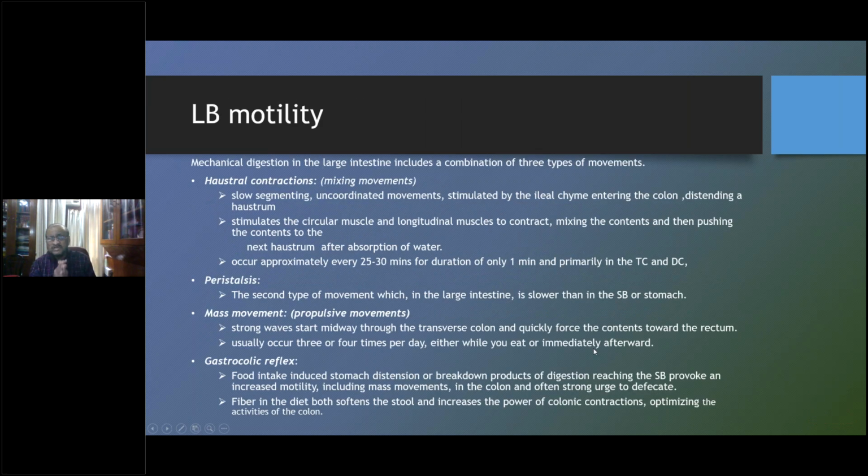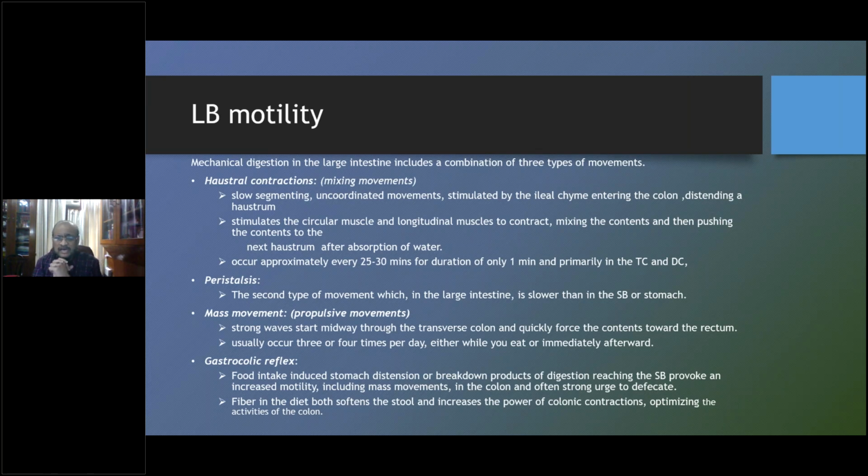The motility in the colon is very important. Three kinds of motility that we're talking about, right? One is the haustral contraction, number two, peristalsis, number three is the mass movement, and fourth is the gastrocolic reflex, which is part of the mass movement. So you can say you got four kinds, or you can say three kinds, whatever. One is the haustral contraction. I told you there's a contraction of circular muscle fiber, and what happens when they contract, the segment generates itself, it is going to churn the food inside.